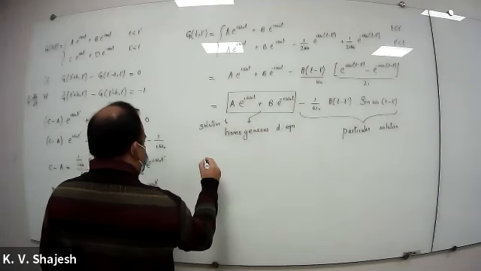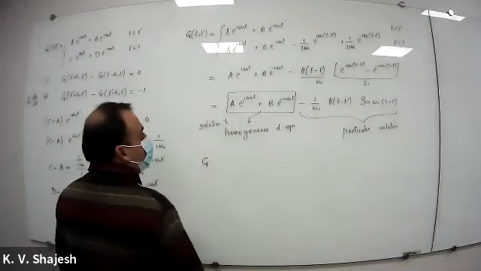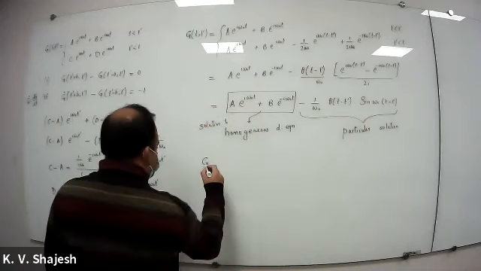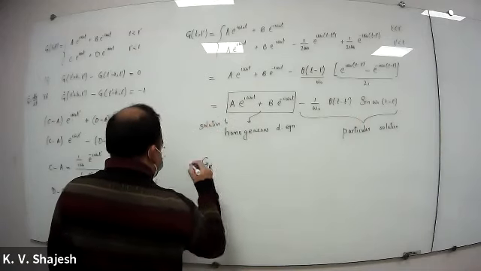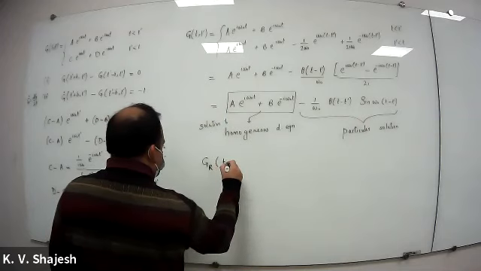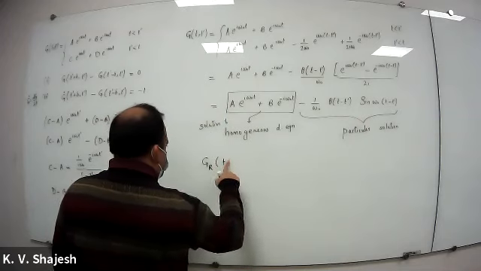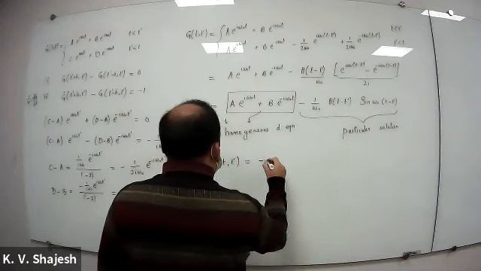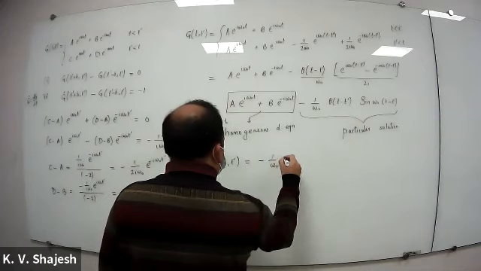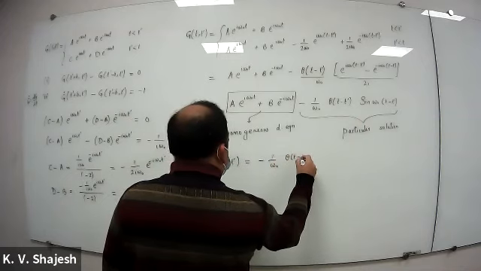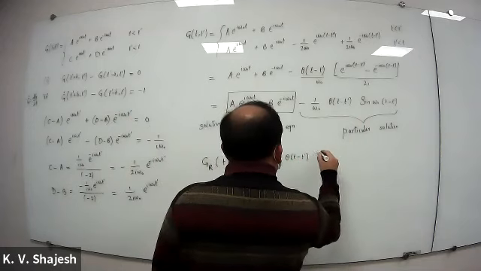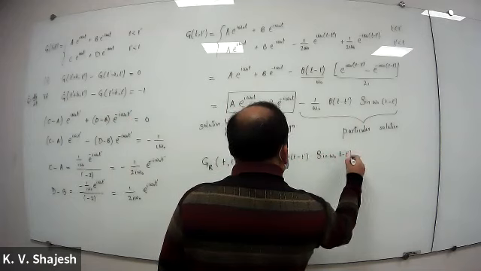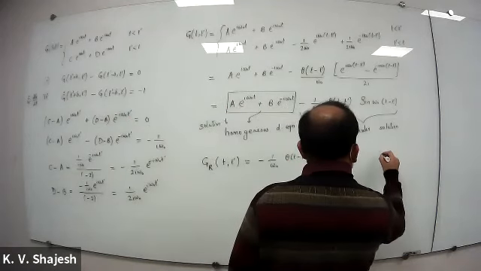So this one will be called, I don't know what it is called. So this is sine omega naught t. I think this is a retarded Green's function. So this is G R (t, t prime). R stands for retarded.